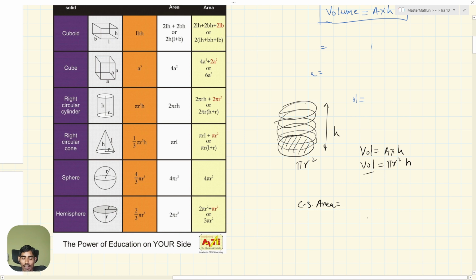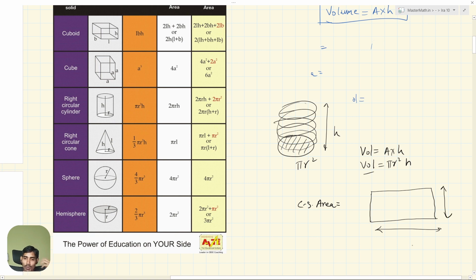So, how do we find the curved surface area? The curved surface area is basically on the sides, ignoring the top and the bottom lids, basically the two circles. In order to find the area, focus on this. If I open this cylinder, what would be this length and what would be this length?